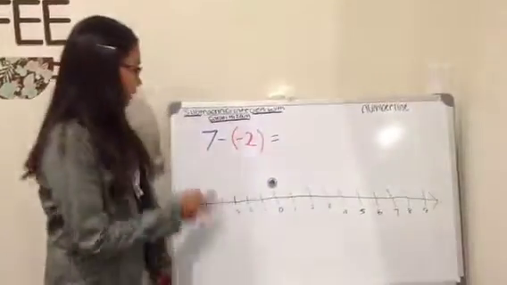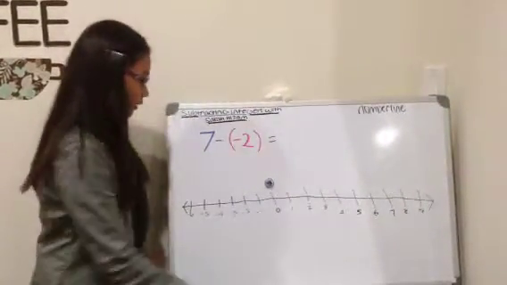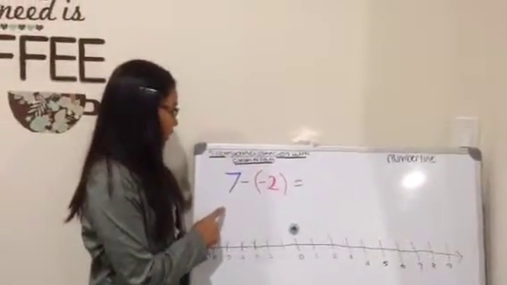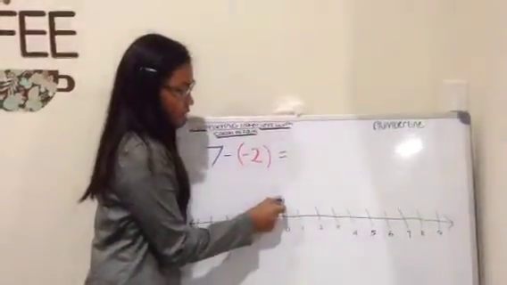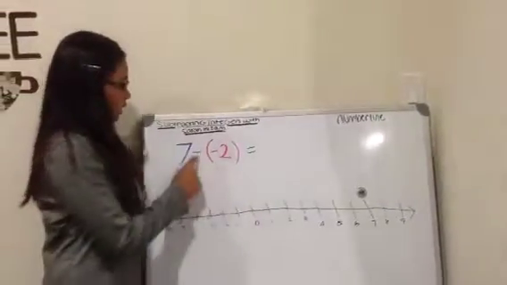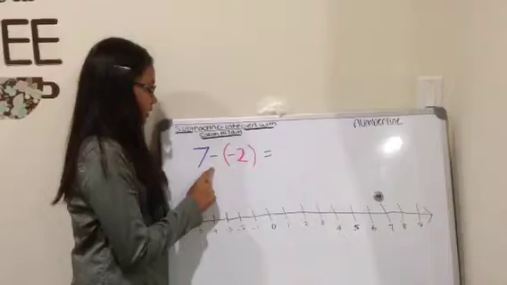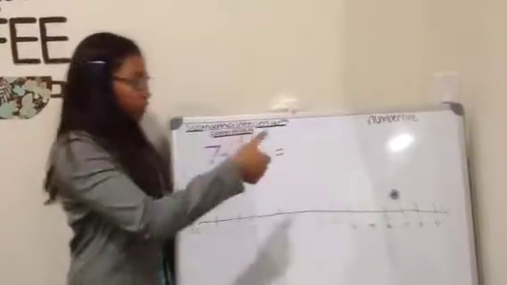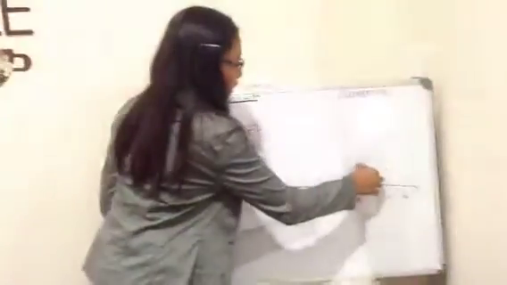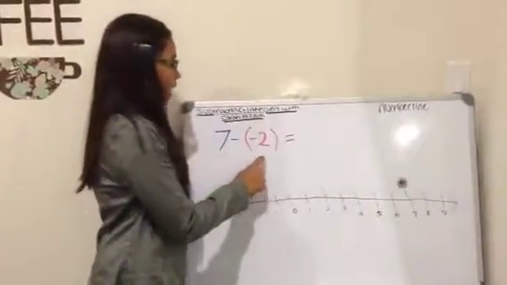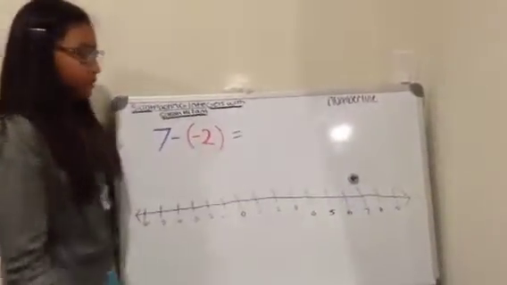So, let's look at this equation. The first factor is a positive, so what we need to do is to go 7 steps on the number line. Because it's a subtraction problem, and the sign is a subtraction sign, we have to turn around, face the other direction. The second factor is a negative number.